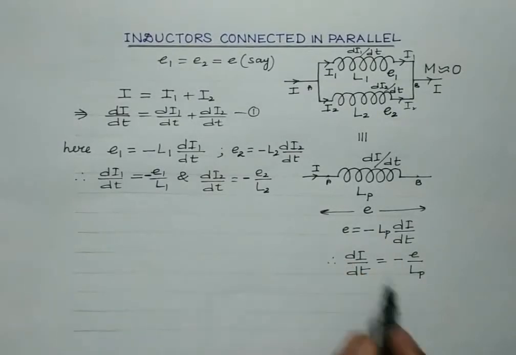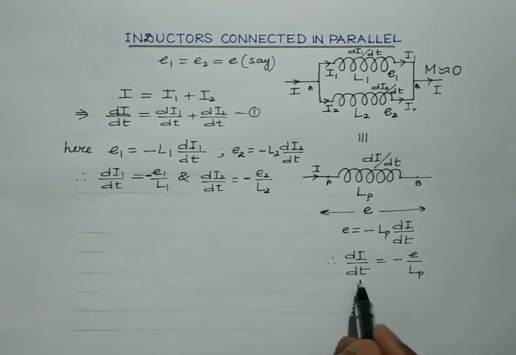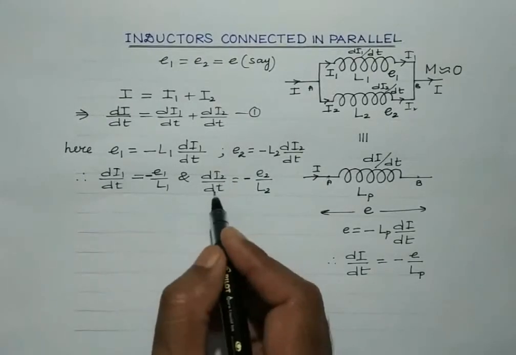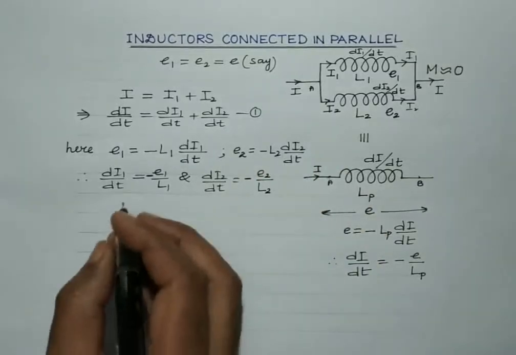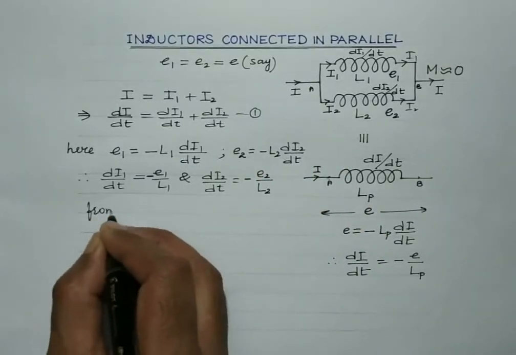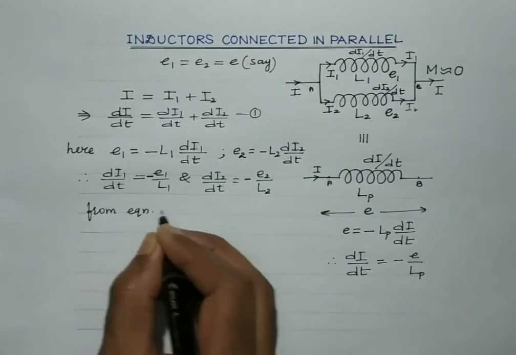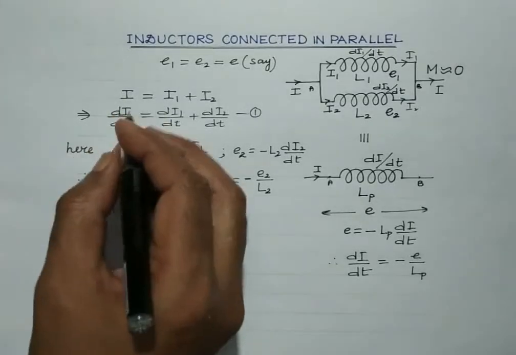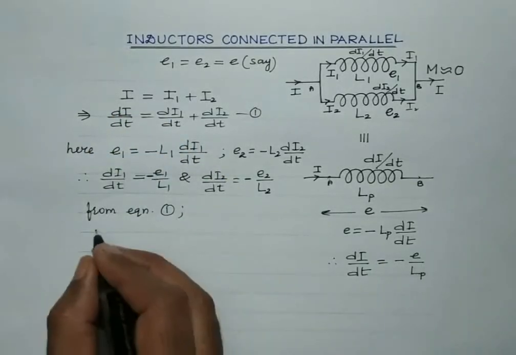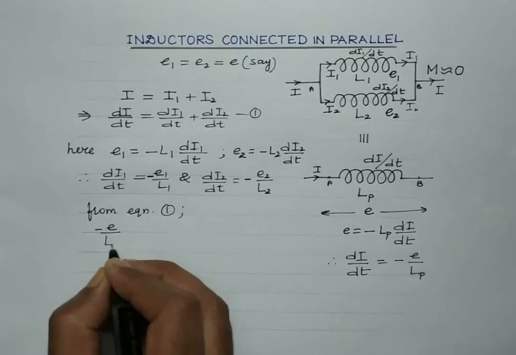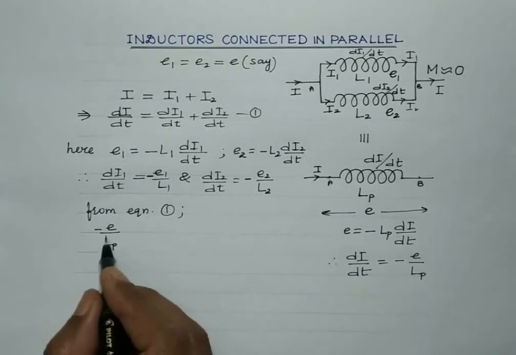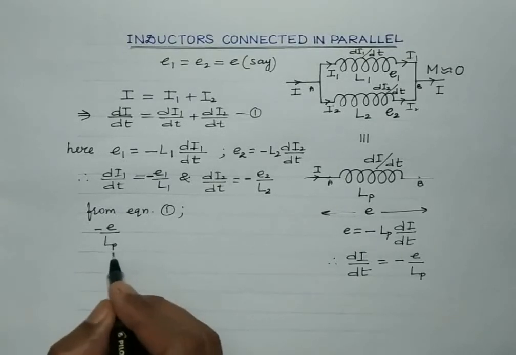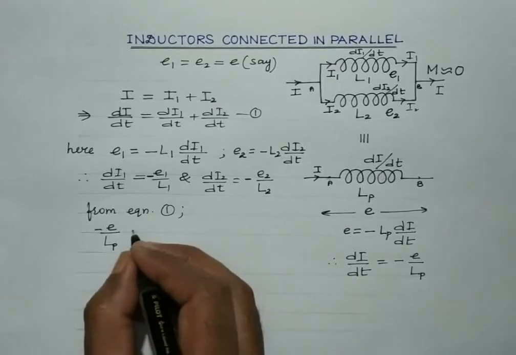So, substituting the value of di by dt, di1 by dt and di2 by dt in equation 1, what we get is, from equation 1, let's substitute this value. Di by dt is minus E by LP. LP is the resultant inductance of the parallel grouping of the coils, right?